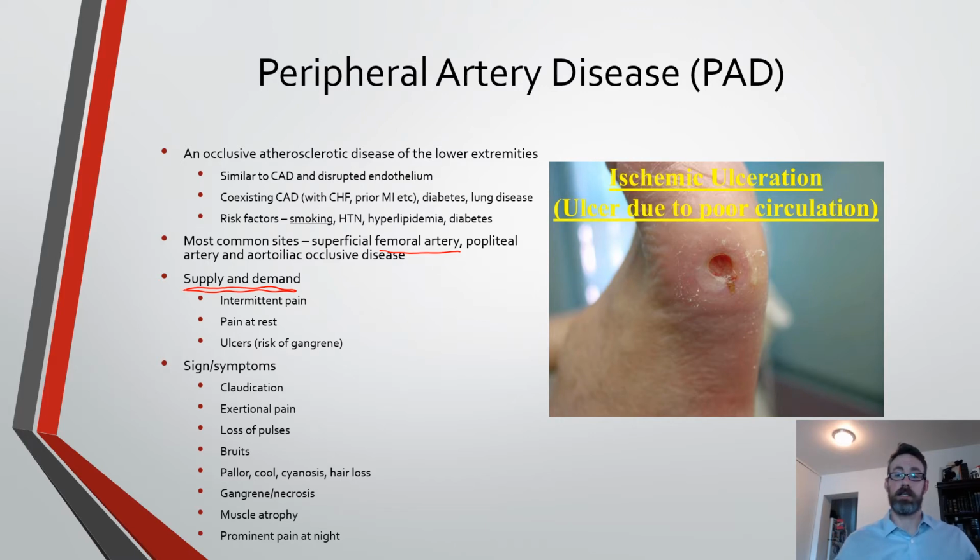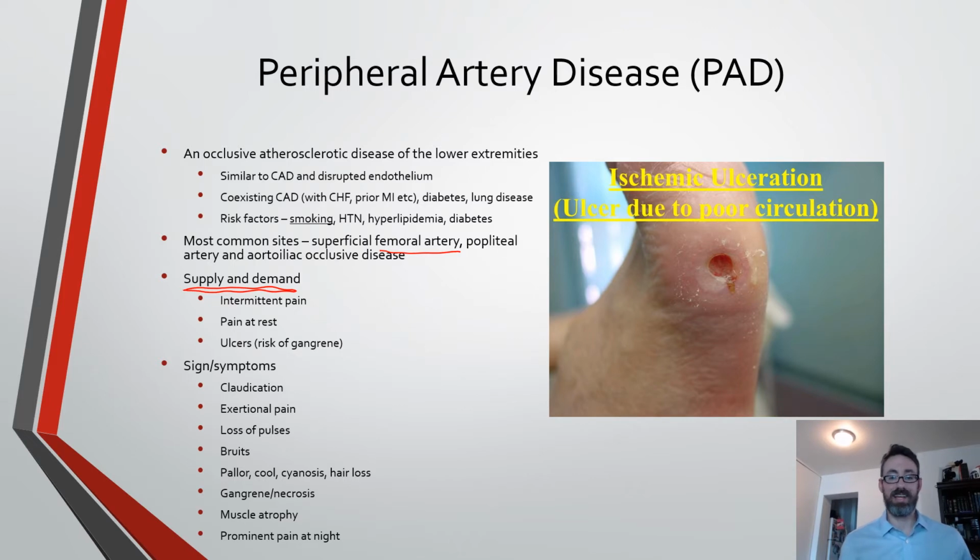Now you can imagine if, for example, you had an occlusion of the femoral artery or the popliteal artery, downstream of that would be affected and become ischemic, and that would present as pain. Oftentimes with those two arteries, you get ischemia and pain within the calves, or the gastrocnemius muscles.